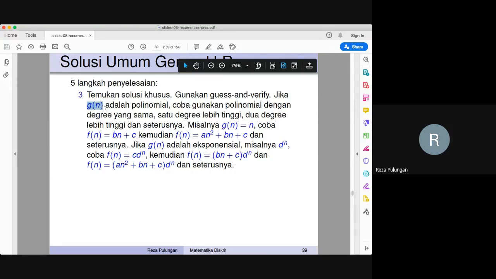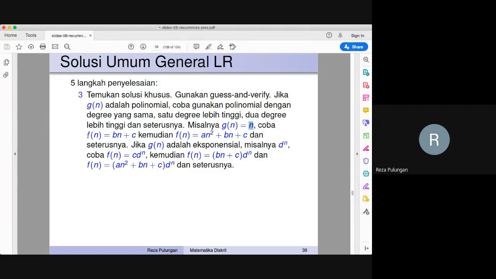A polynomial is n to the power of something plus n to the power of something, or something like that. If it is a polynomial, then use a polynomial of the same degree. If you cannot find a solution, use a polynomial of higher degree, and so on. For example, if Gn is equal to n, then the degree of this polynomial is equal to 1.